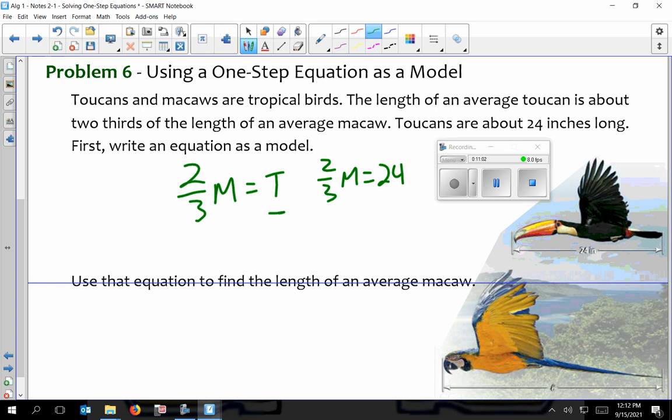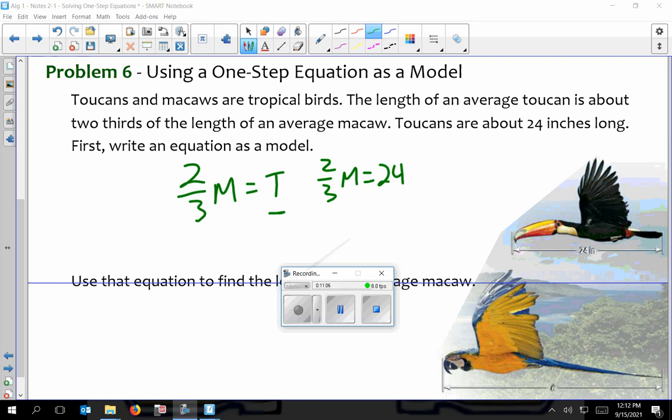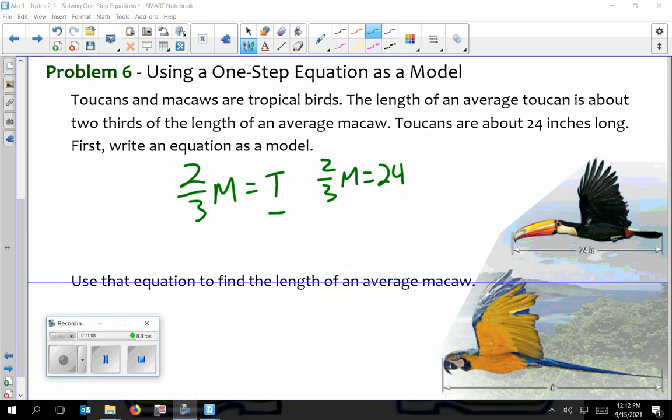So I substituted that in for T. Now that I've got that, I'm going to be able to go ahead and answer the next question. I can find out what is the length of the macaw. So this is a multiplication problem. They're put together by multiplication. So I'm going to undo that by dividing. So remember, I've got to flip the fraction.